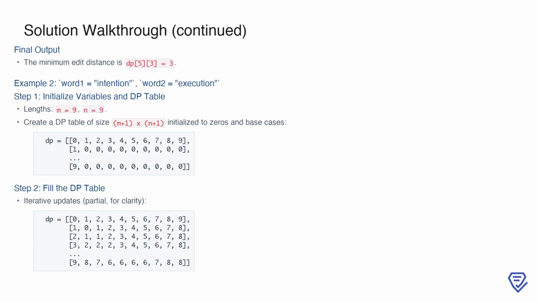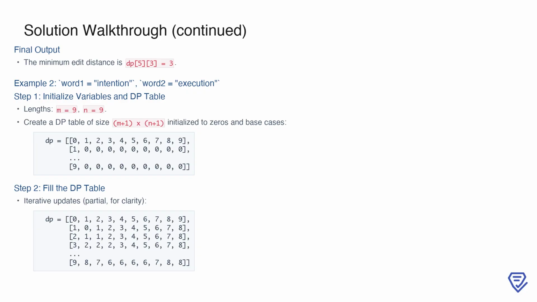To further illustrate this approach, let's consider another example where word1 is intention and word2 is execution. Here, both strings have a length of 9. We again initialize a DP table of size (m+1) by (n+1), and set up the base cases as before. Then, we iteratively compute the values for each cell based on the recurrence relation.